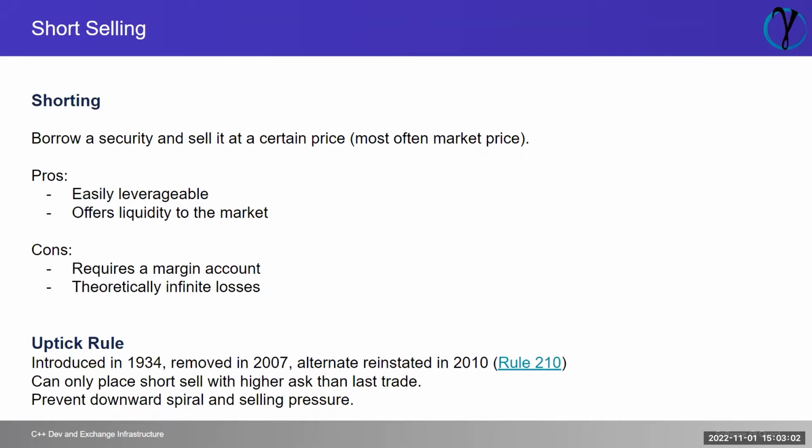So one thing I want to mention here is the uptick rule, introduced in 1934, removed in '07, reinstated in 2010, probably roughly around or after the flash crash. I actually don't know, I'm not sure. And basically, maybe with market-wide circuit breakers as well.